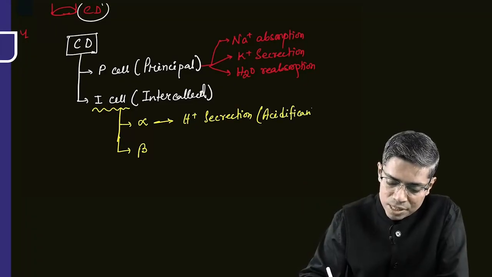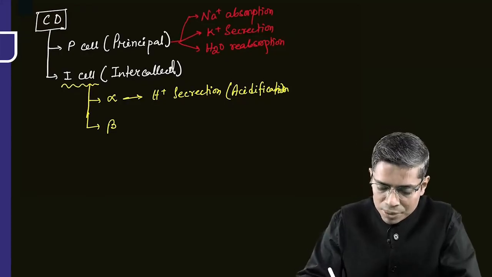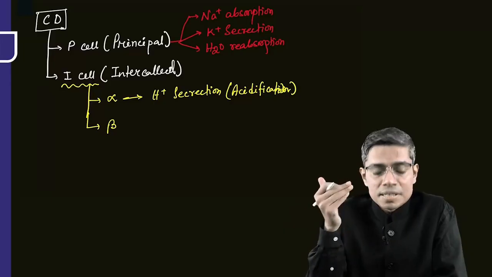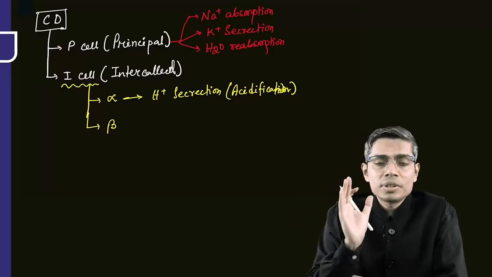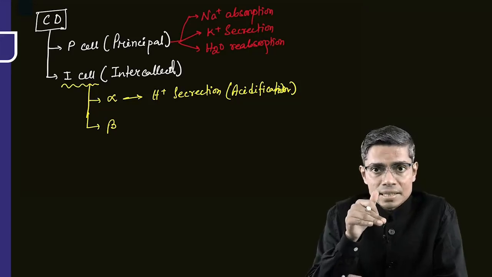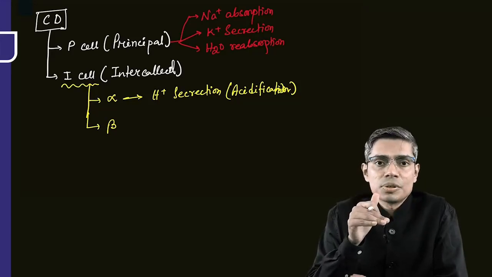So this is a very famous MCQ. Acidification of your urine is done in which portion of the nephron? That is the collecting duct. We will be discussing this later on also, but for the time being, remember this alpha variety of intercalated cell is responsible for acidification of your urine.